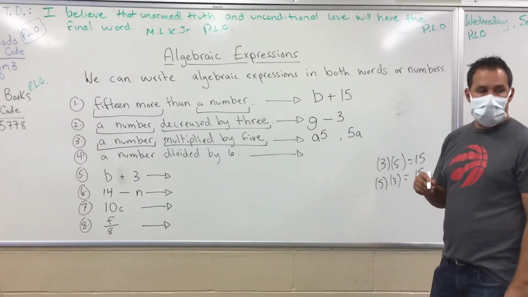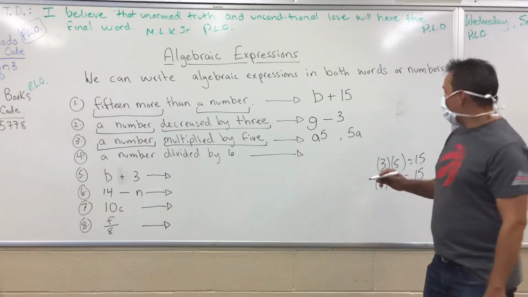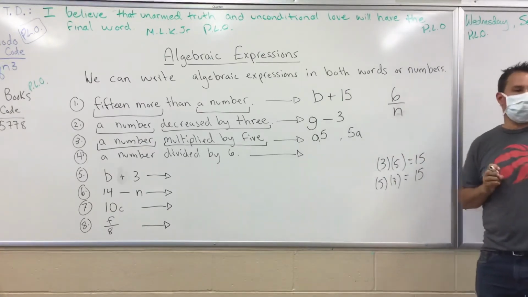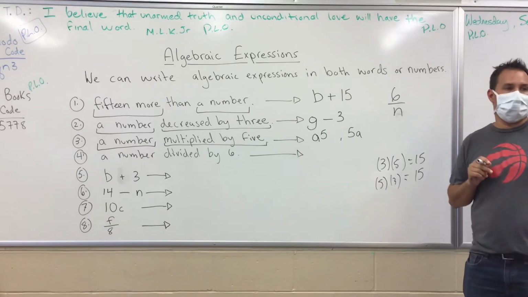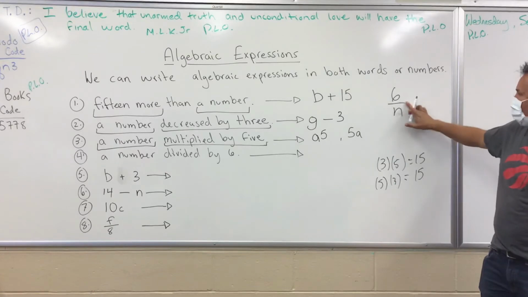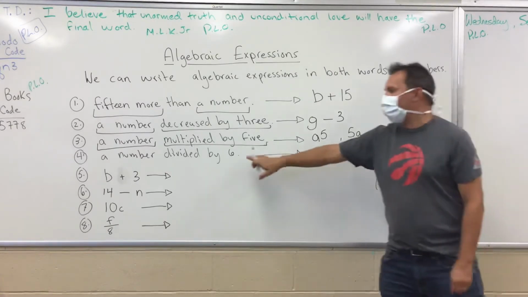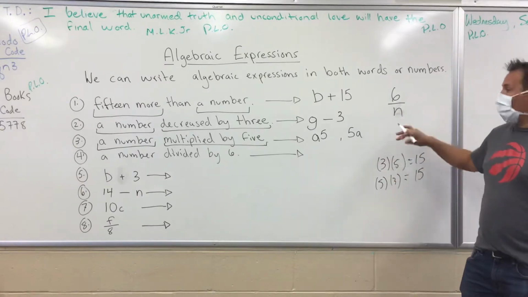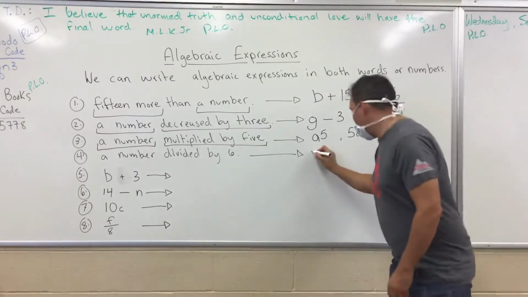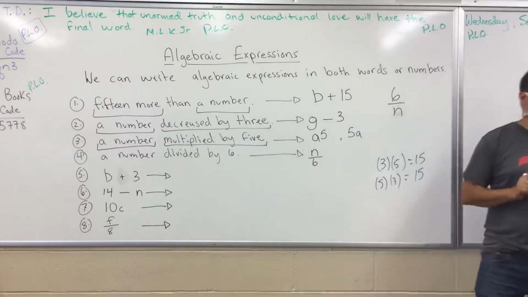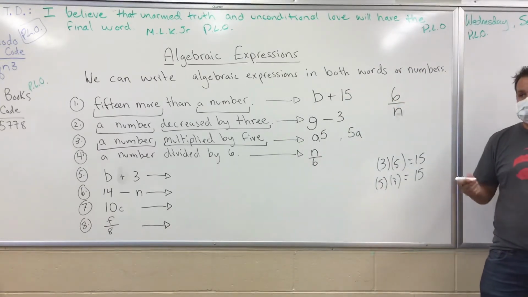If I write 6 on top, is this a number divided by 6 or 6 divided by a number? That's 6 divided by a number. What we want is a number divided by 6, so we reverse it: put the number on top and divided by 6 underneath.